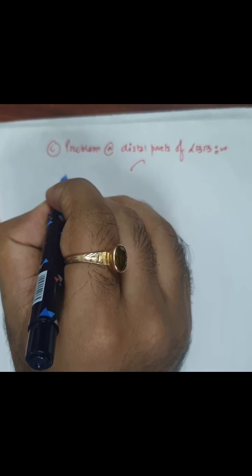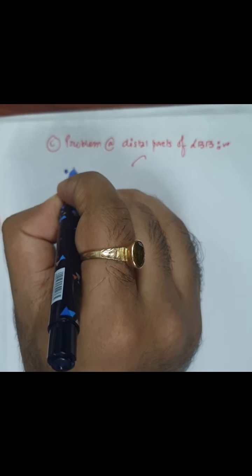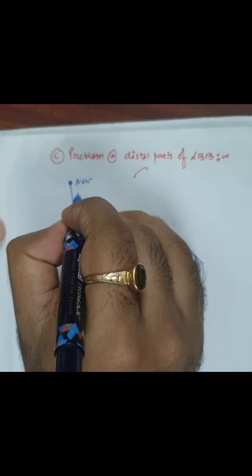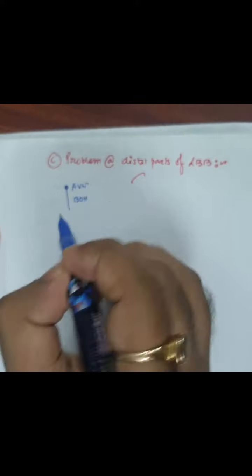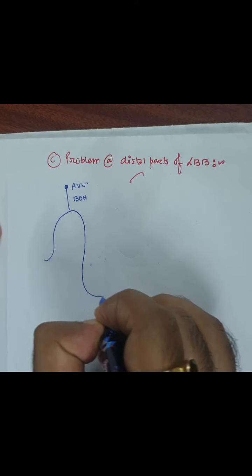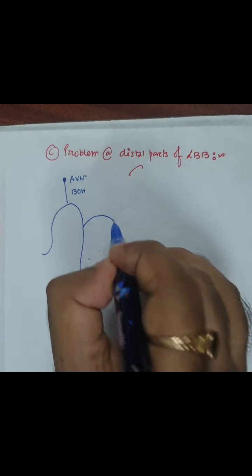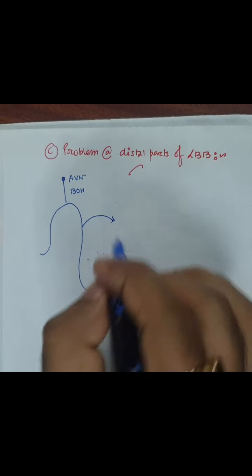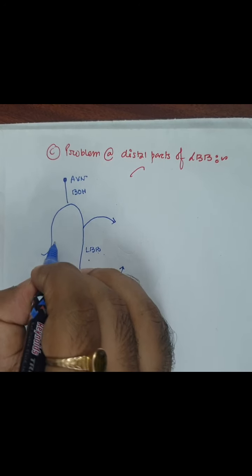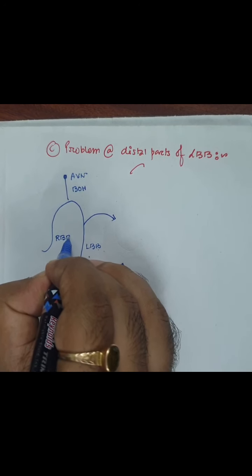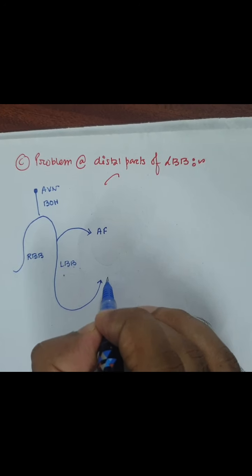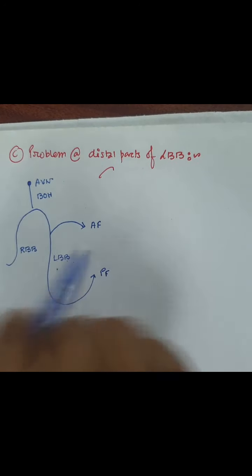So this is the wiring diagram again, starting from the AV node, bundle of His. This is the left bundle branch, this is the right bundle branch, this is the anterior fascicle, this is the posterior fascicle.